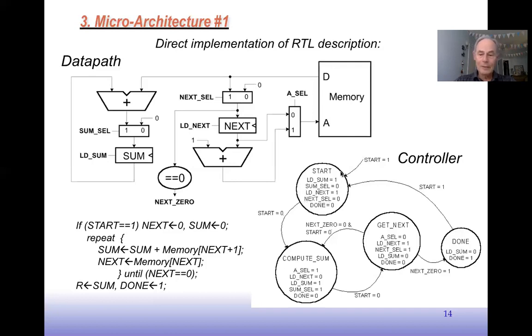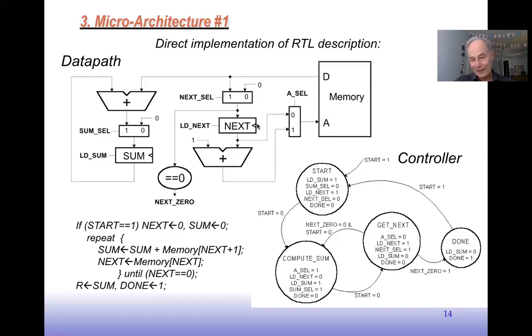Then when start is set to 0, where we assume start just goes for 1 clock cycle, this transitions over into the compute sum state, which sets the control signals appropriately. It's going to set this mux signal to choose next plus 1, so that's what goes into the memory. Load next is set to 0 because we don't want to change the next value on this clock cycle.